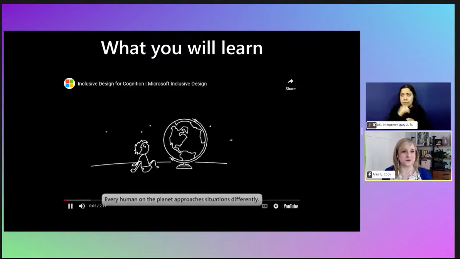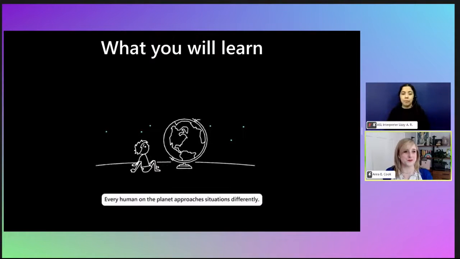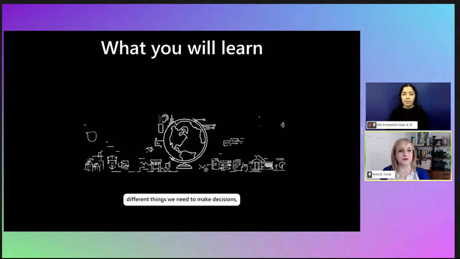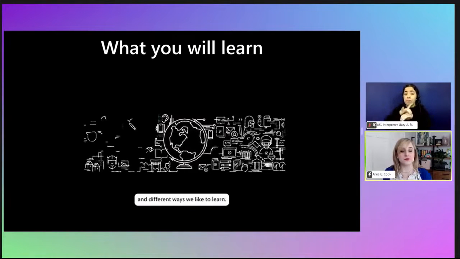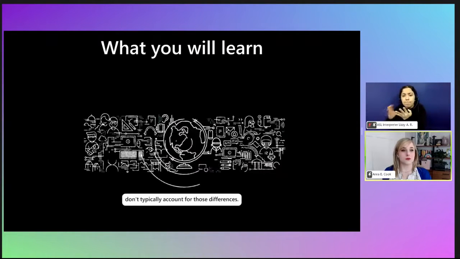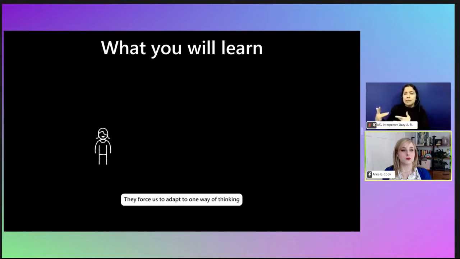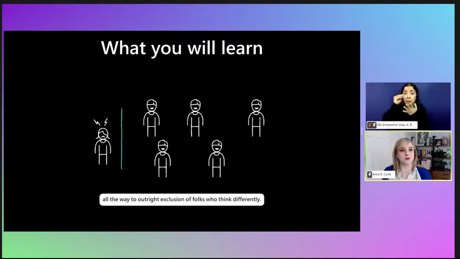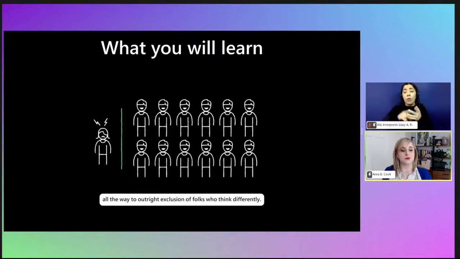Every human on the planet approaches situations differently. We all have different ways to think about problems, different things we need to make decisions, and different ways we like to learn. Yet the products and services we use every day don't typically account for those differences. They force us to adapt to one way of thinking. That causes all kinds of problems, from mild irritation to learning curves that are steeper than they need to be, all the way to outright exclusion of folks who think differently.